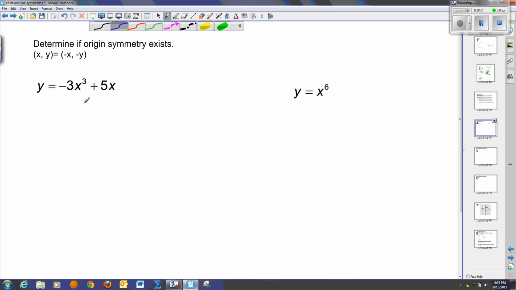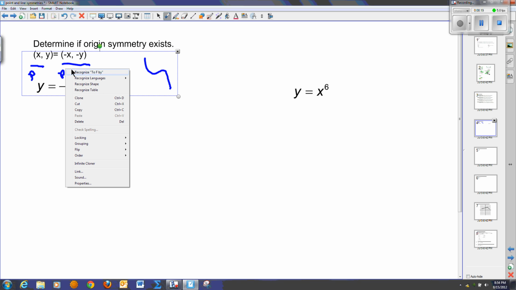And it's a cubic function. If you remember from Algebra 2, cubic functions look something like this. But we don't have to graph it. We're just going to apply this test where xy represents our point and negative x, negative y represents our image.